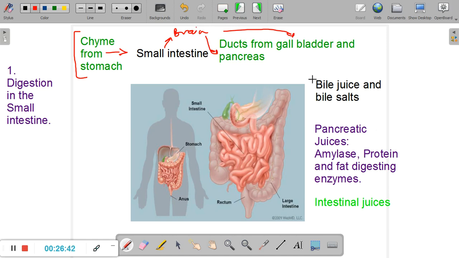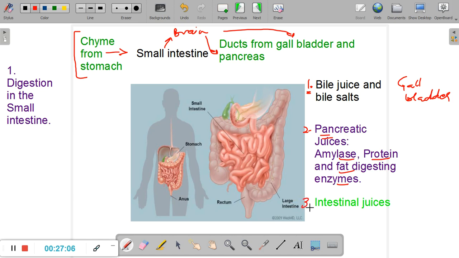What are the secretions that are released? Bile juices and bile salts are released by the gallbladder. Number two, pancreatic juices, which are amylases, protein and fat digesting enzymes, are released by the pancreas.